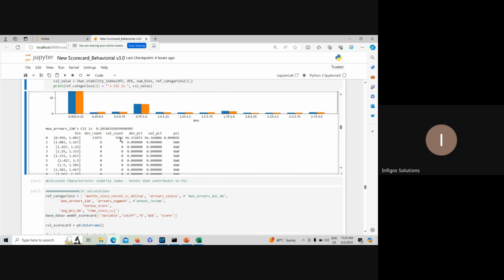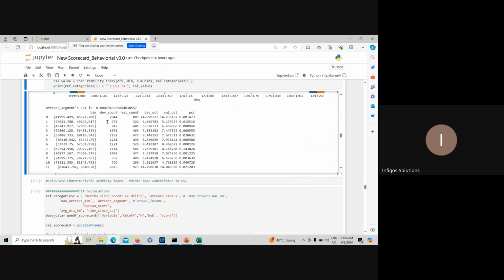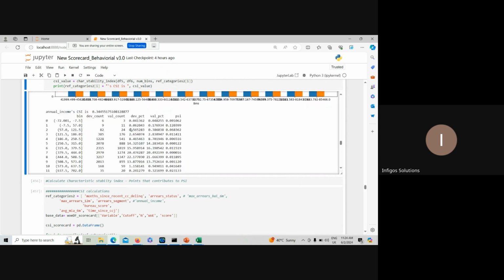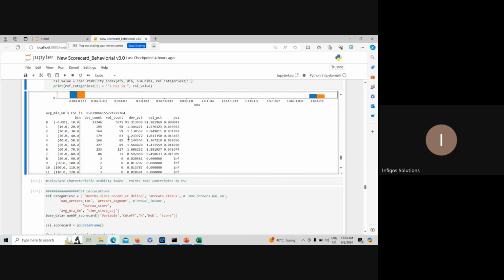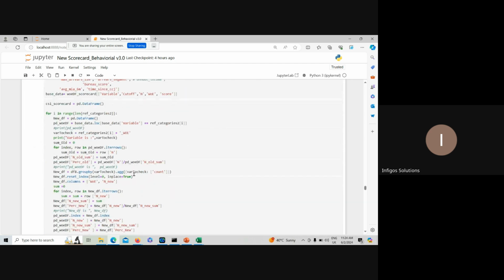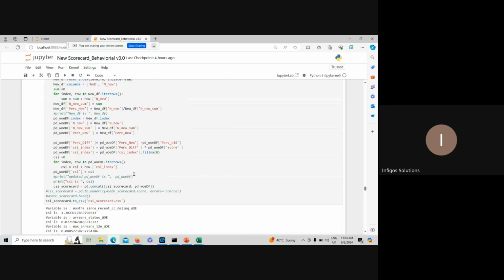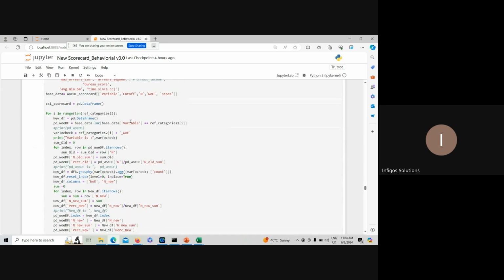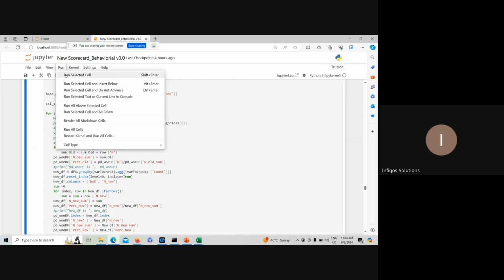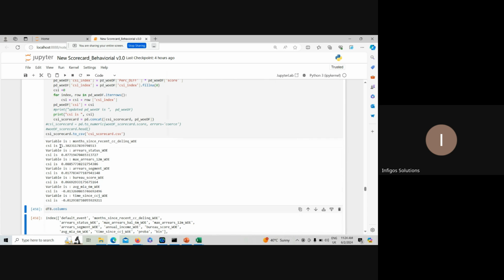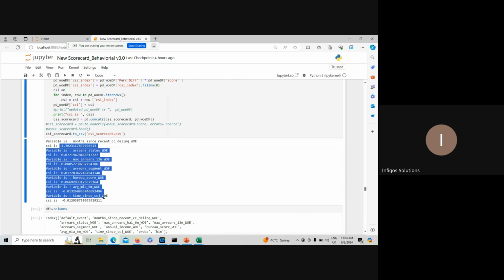This is all index one. But points I have calculated somewhere here, which I was showing you just now. These are the points calculation. Points and index are different.